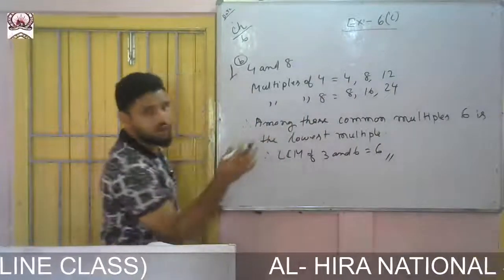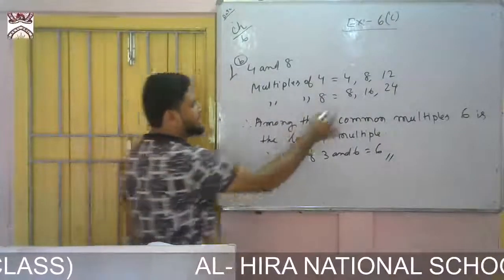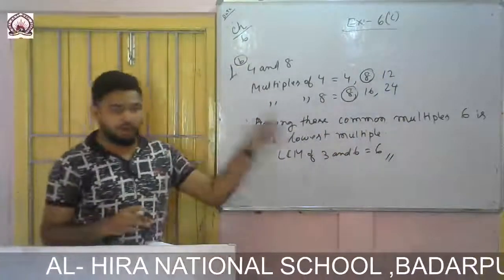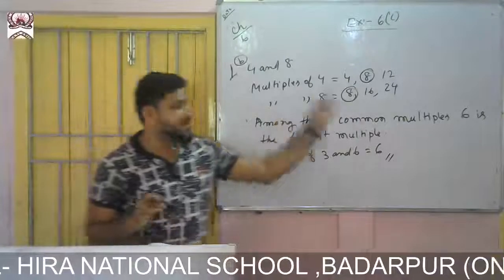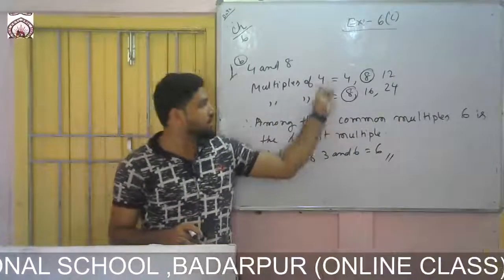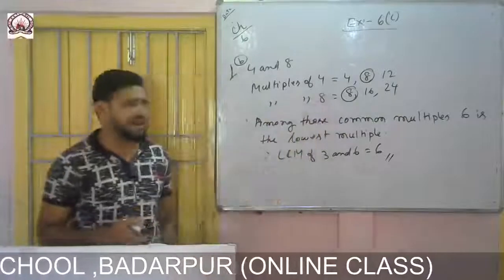We have already got 8 as the first common one, so no need of going further, because we need the first one, and the first one will be the lowest common multiple for both 4 and 8. So write.